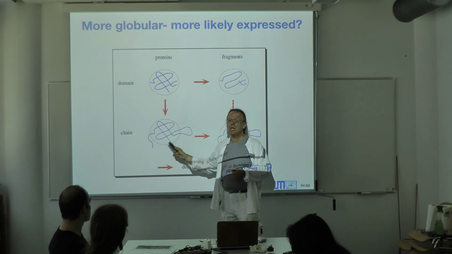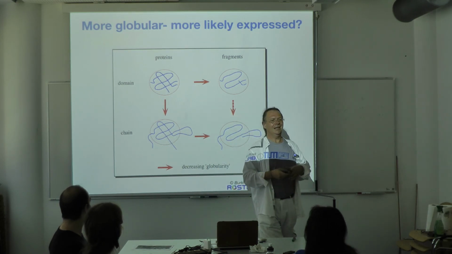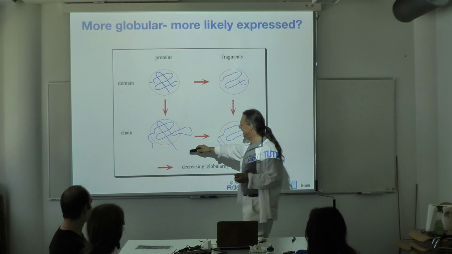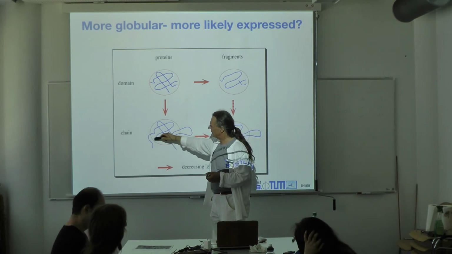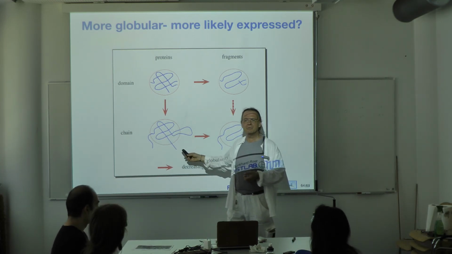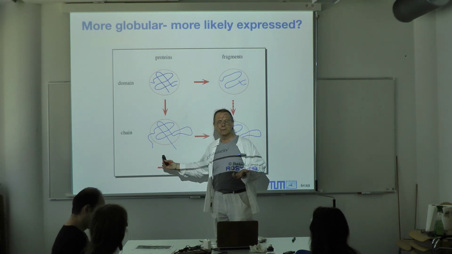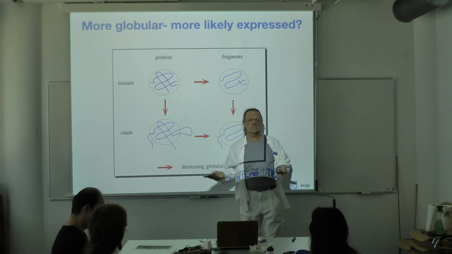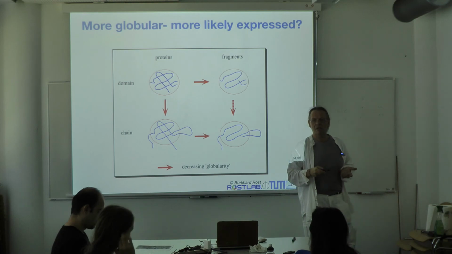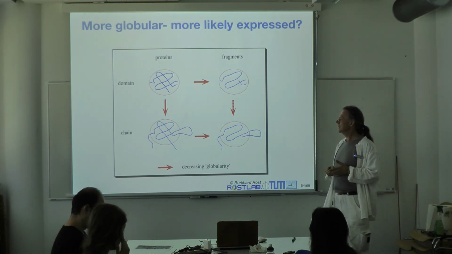Then there is this idea of a chain. A chain really is a domain plus a little bit. The whole protein may not be only the domain. It may have an N-terminal and a C-terminal loop, and some other additional loop somewhere, some other embellishment if you want.